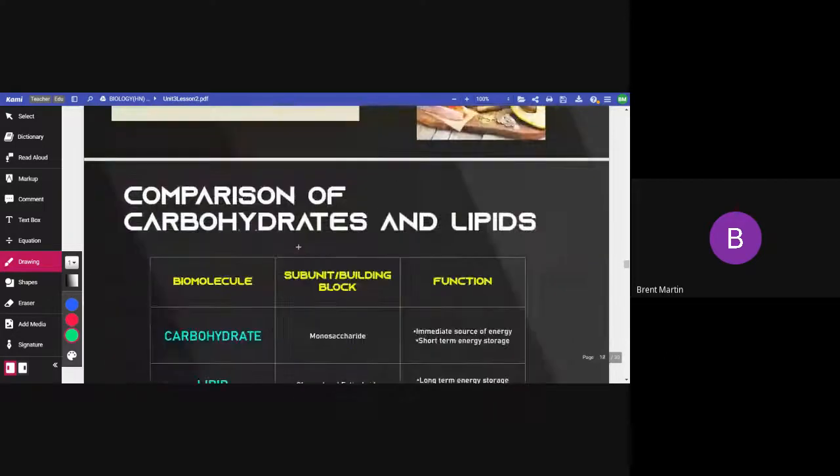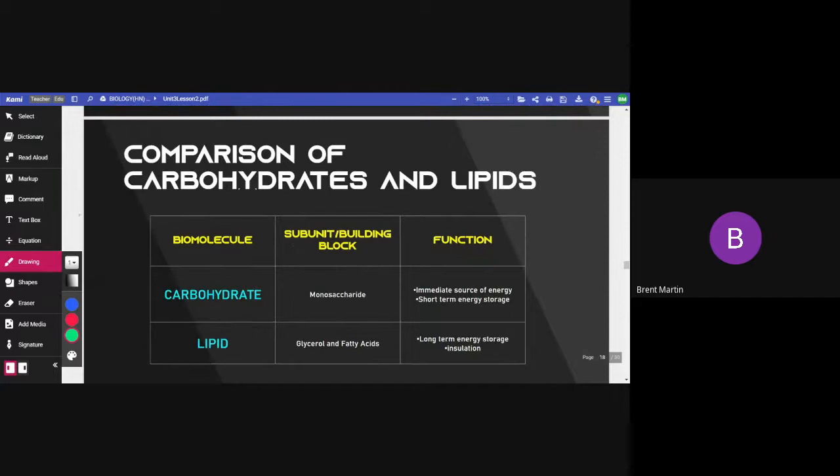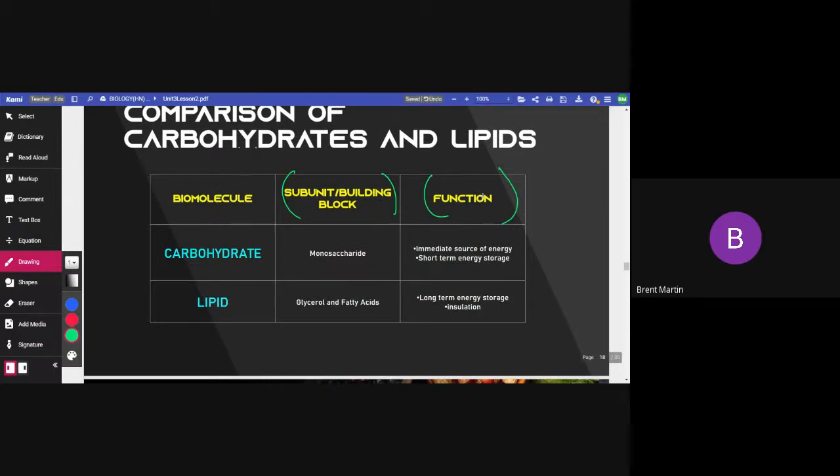All right? So listen, man, you have to be able to compare these things. Two things I told y'all that will always be important is the subunit, the building block, or the function, right? So when it comes to a carbohydrate, the monomer, just FYI, that's what it's asking for when it's asking for the subunit or building block, is a monosaccharide. Specifically, that monosaccharide is C6H12O6, which is glucose. Now, what is that glucose used for? Is it long-term energy or immediate energy? It's immediate energy.